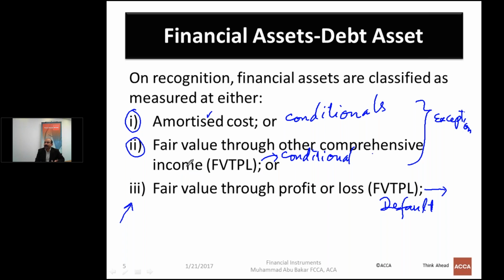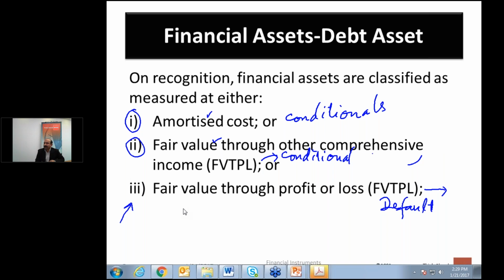Or if there are other certain conditions, then you will have to measure your debt asset at fair value through other comprehensive income. If none of the conditions required for a debt asset to be measured at amortized cost or fair value through other comprehensive income are present, then you will be measuring that debt asset at fair value through profit and loss. Okay, so let's discuss those terms very briefly.